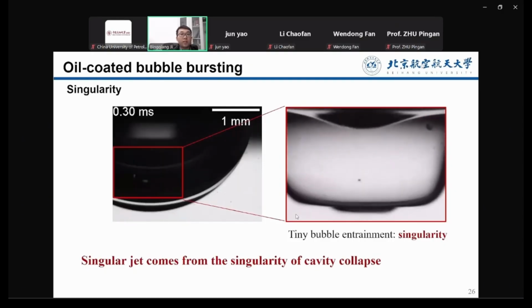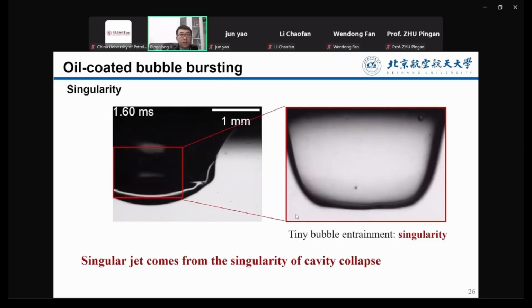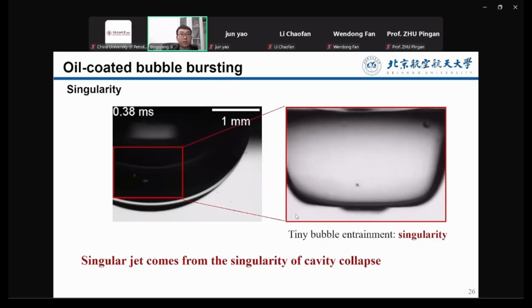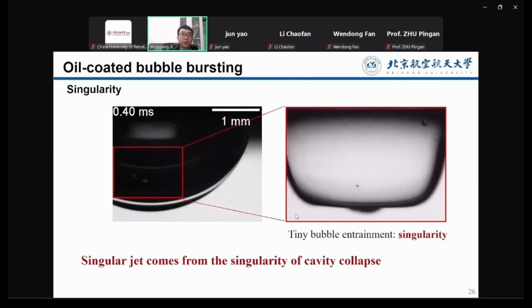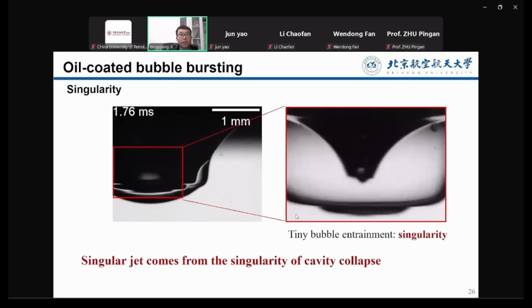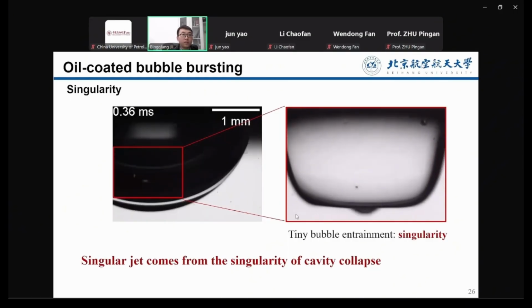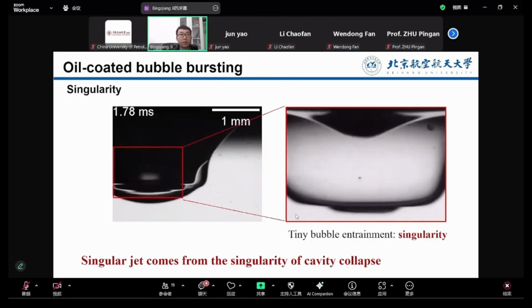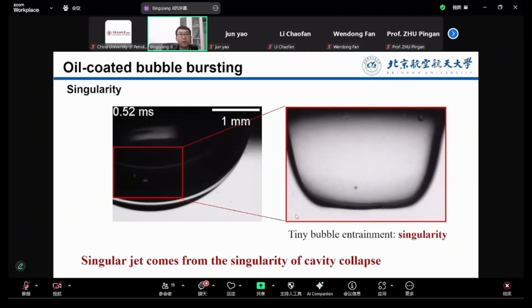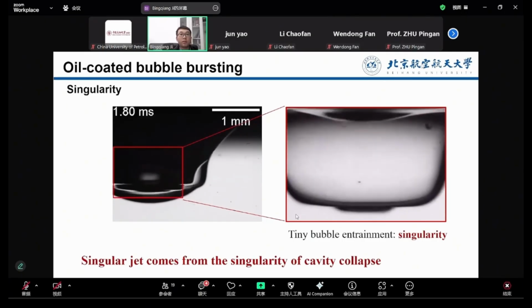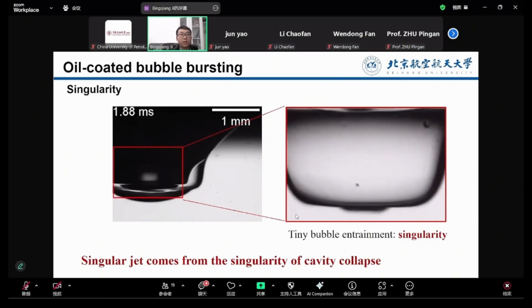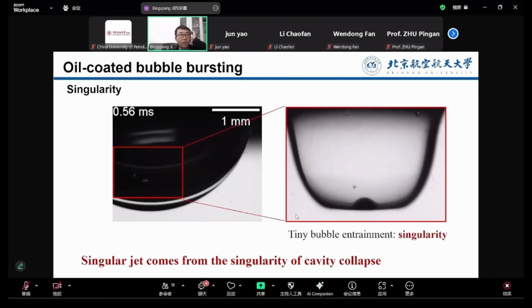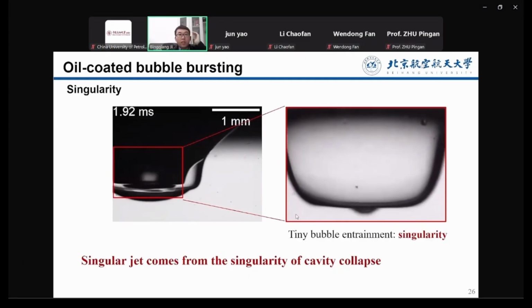So actually, this high-speed and ultra-thin jet is called a singular jet. It is found to derive from the singularity of the cavity collapse. After the bubble cap ruptures, the capillary waves traveling along the cavity surface sweep the oil coating towards the bubble bottom, forming an oil blob.